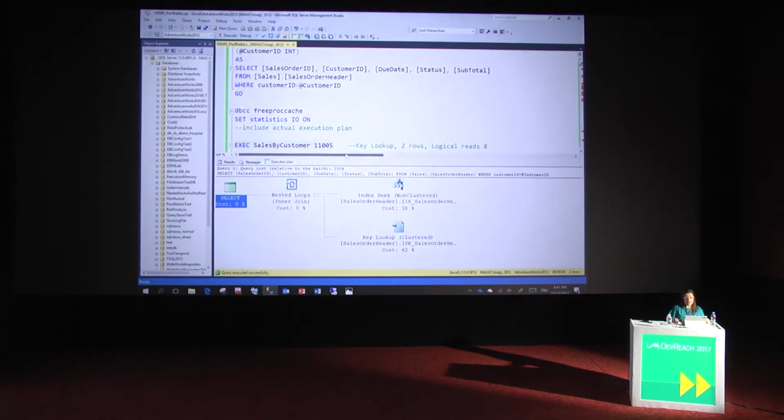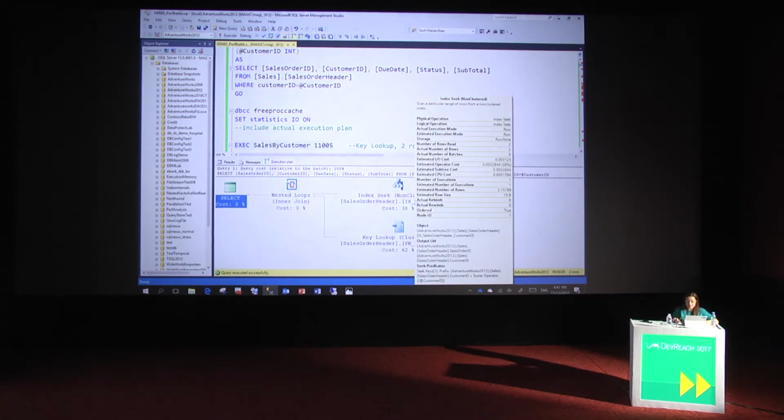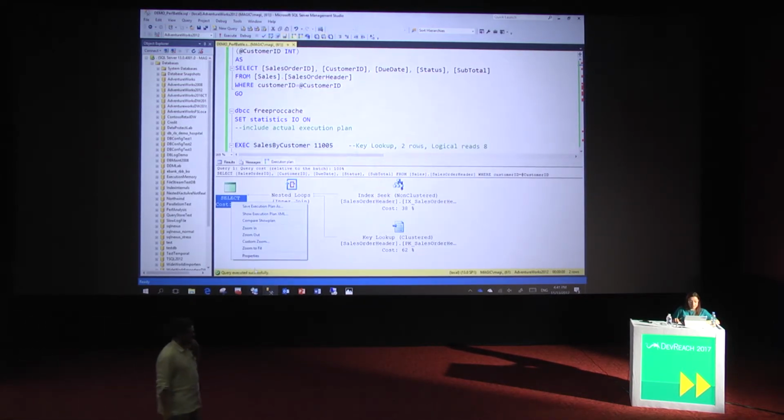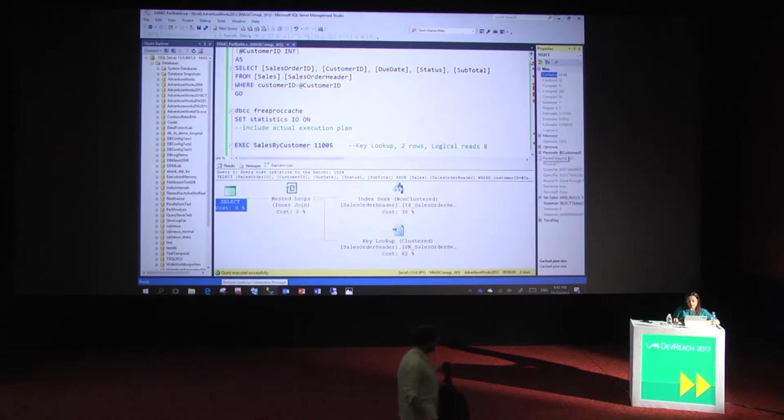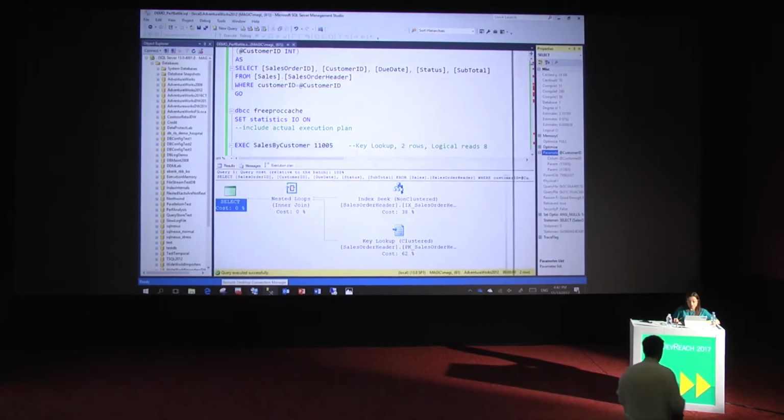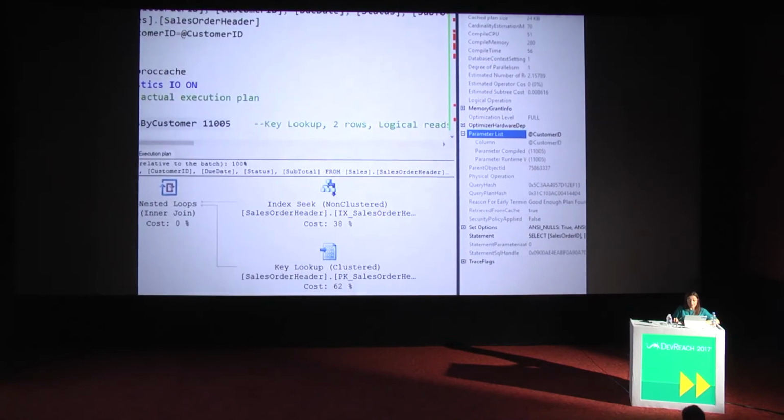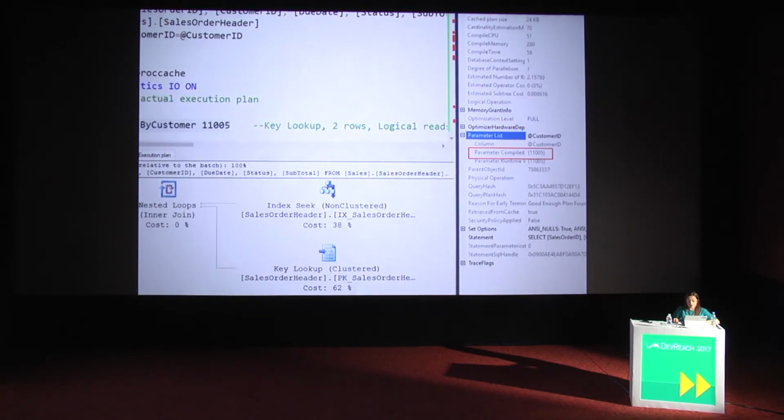So this creates a very good execution plan for me, a perfect and very cheap one, because it sniffs my parameter. My compiled parameter is this one, so my execution plan is built for that value of the parameter.